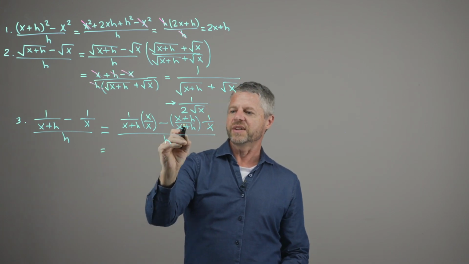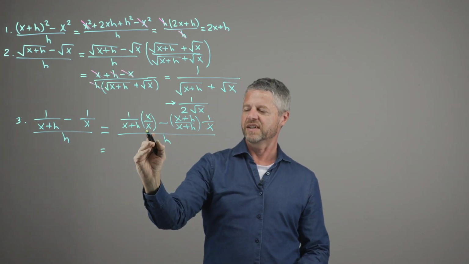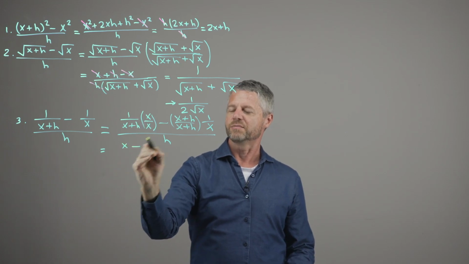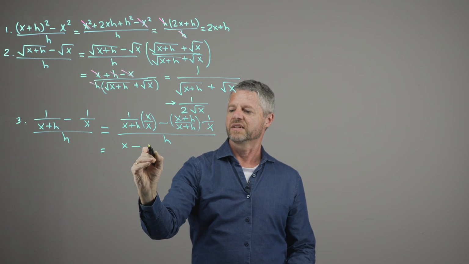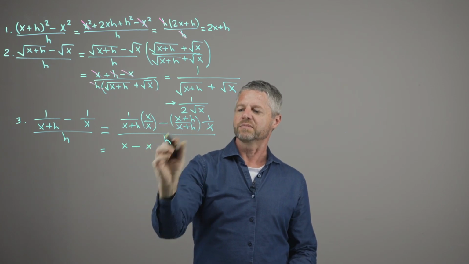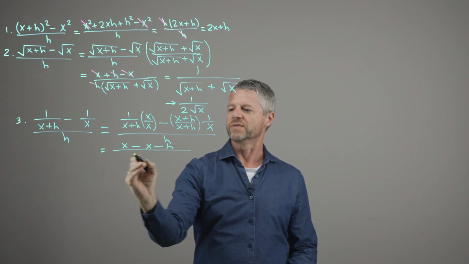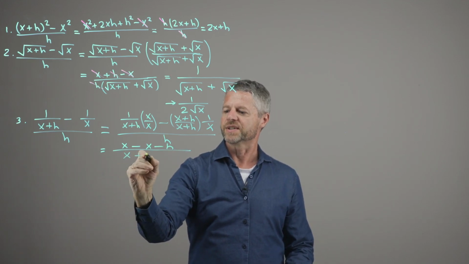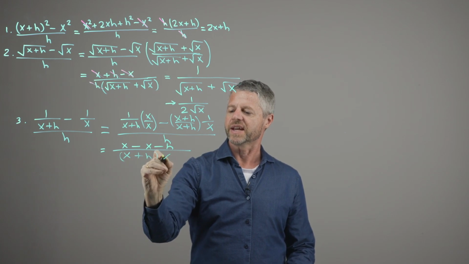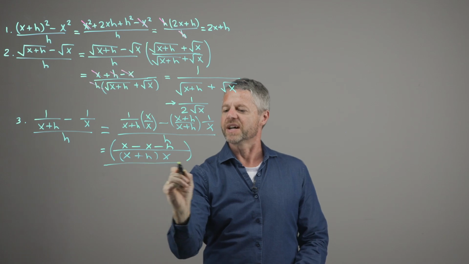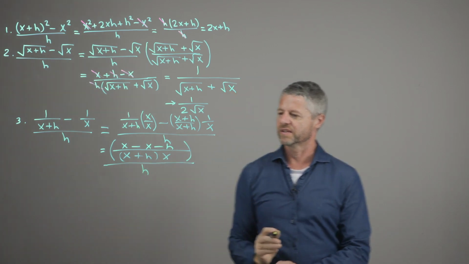And so in the numerator I've got an x minus an x minus an h, all divided by x plus h times x, and that whole thing is divided by h.